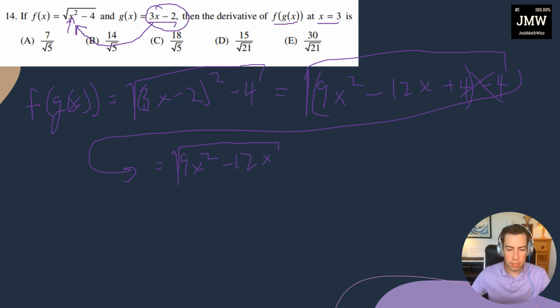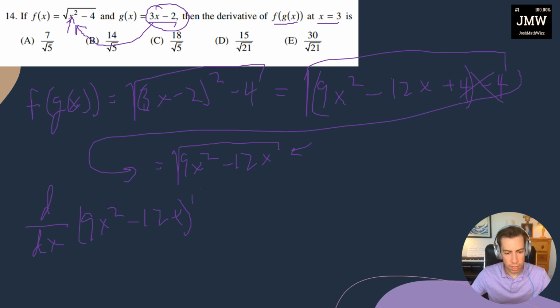What I want to do here is use the chain rule, because there's this function, and then everything else is inside of it. So if I want to take the derivative of 9x squared minus 12x, let me rewrite it like this so it's a little bit easier to follow.